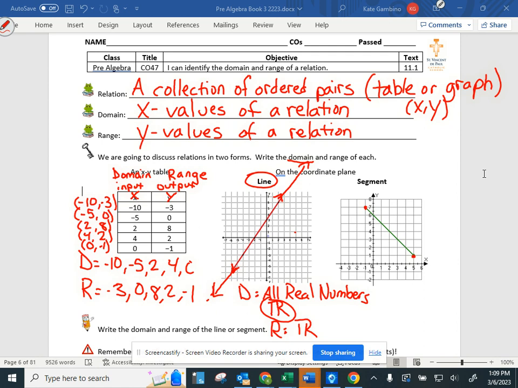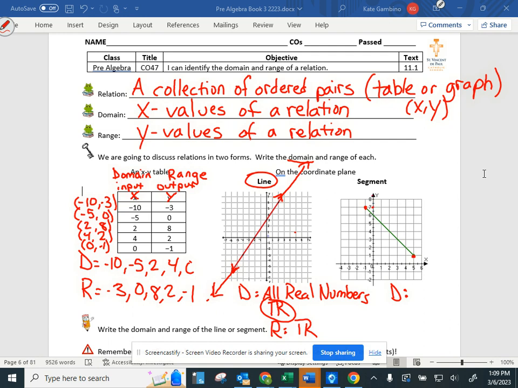So now our domain is going to start at what point? What's the x that it's going to start at? Because domains are the x's. Five. We always read from left to right. So you want the smallest number to the biggest number. What is our domain going to be? 7.